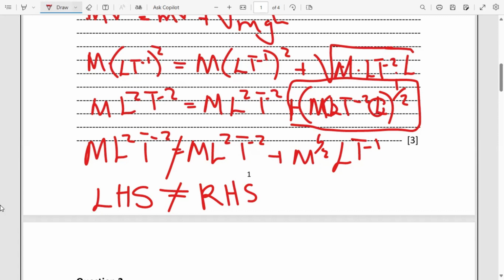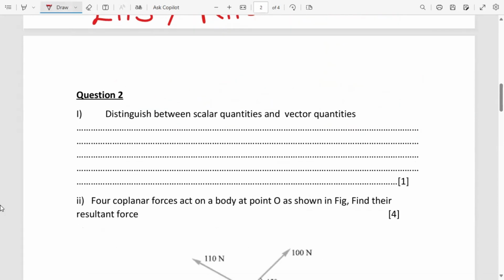We can just say the equation is dimensionally incorrect because the dimensions of the left-hand side are not equal to the dimensions on the right-hand side. So from here, ladies and gentlemen, we've been able to prove that this expression is actually incorrect. And when we reach that point, that means we've been able to prove that this guy cannot stand.